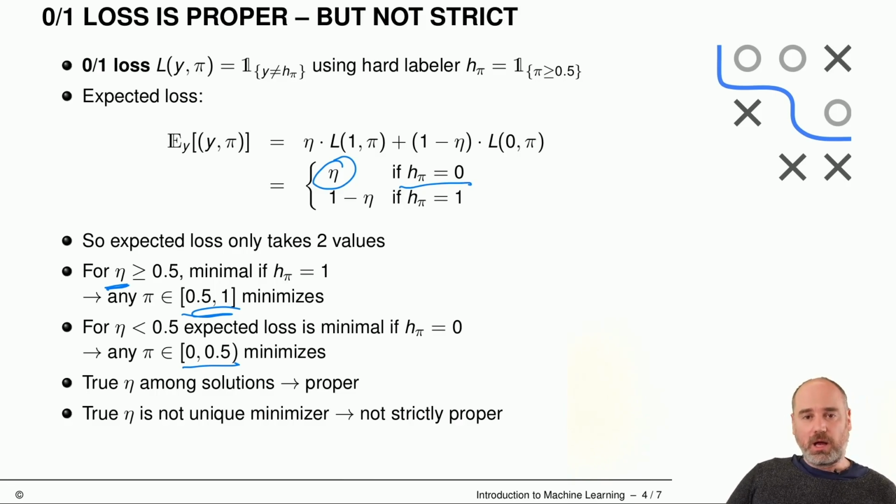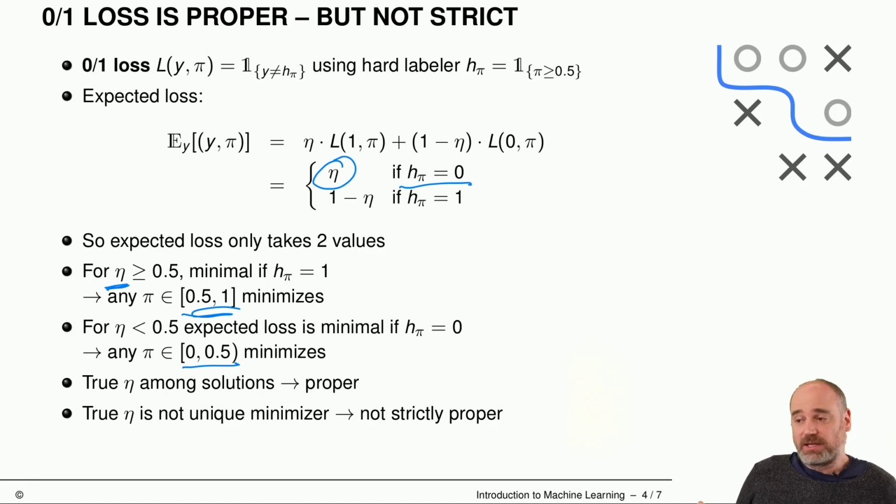So our true probability, our true label distribution is among the minimizers. And that's exactly what we want. So, and this is actually a proper scoring rule. That was exactly what we wanted and what we required of a scoring rule being proper.